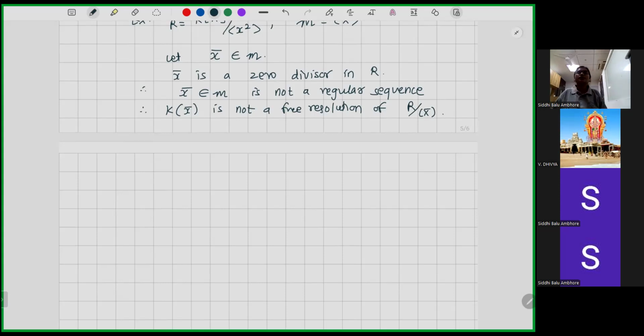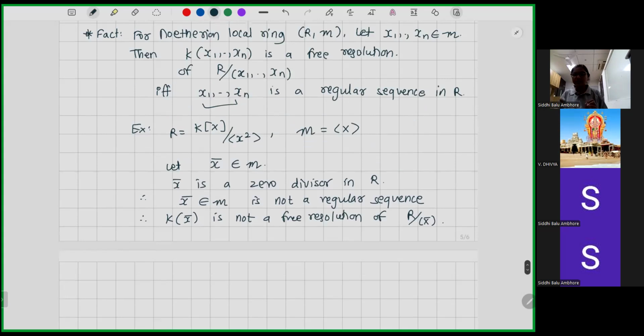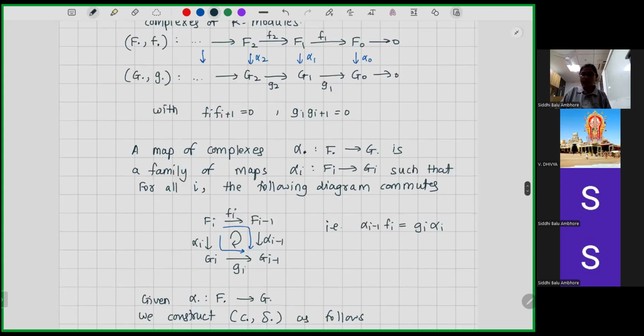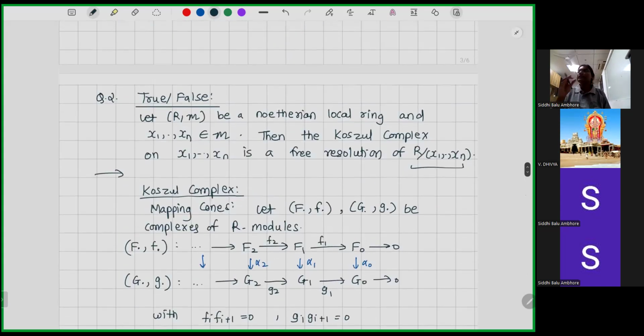Okay, so this is clear. All we wanted to do was to find a non-regular sequence in a Noetherian local ring. Because when the question is asked, there is no condition imposed on x1 to xn apart from the fact that they belong to this maximal ideal. So in short, x1 to xn are any, since we are in a local ring, just some non-unit elements.